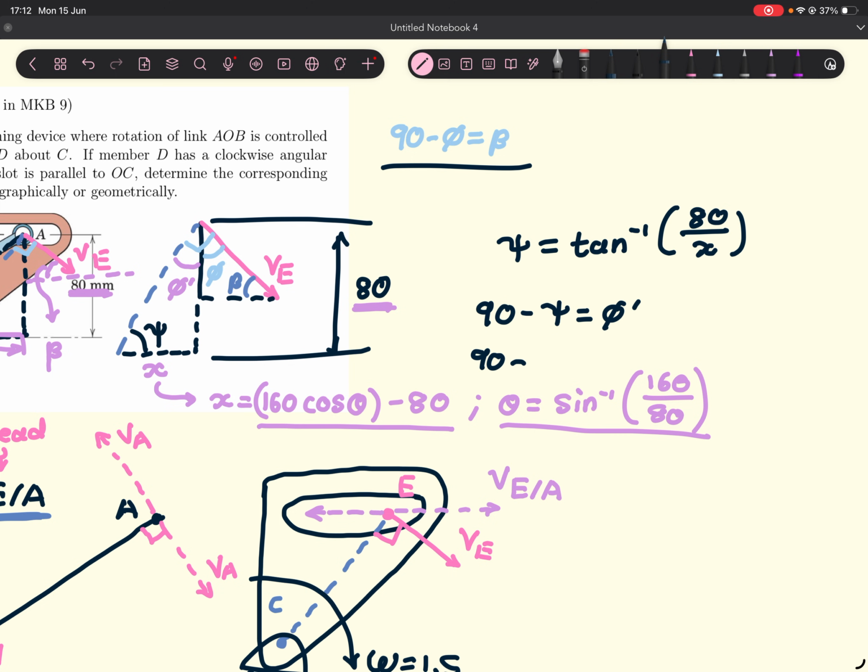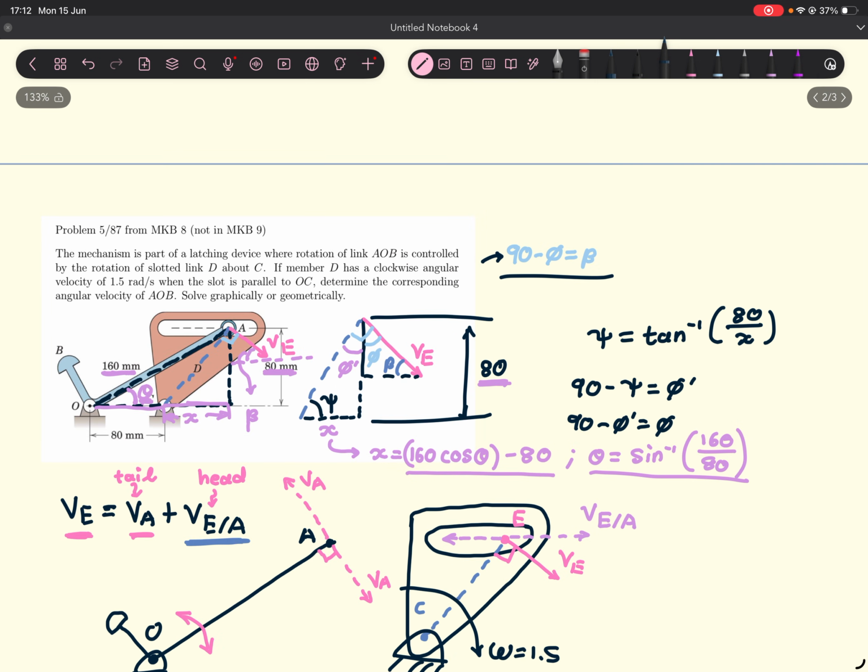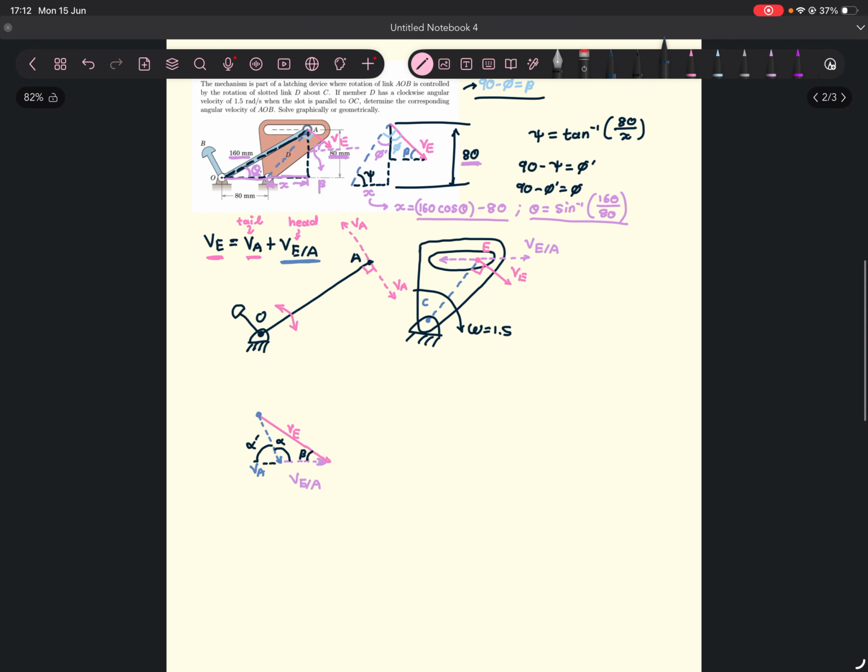So 90 minus phi prime is equal to phi, and then you substitute that here. So it's a long process, but yeah, I hope that kind of makes sense. And then yeah, you'll find beta. Cool, that's one angle down.